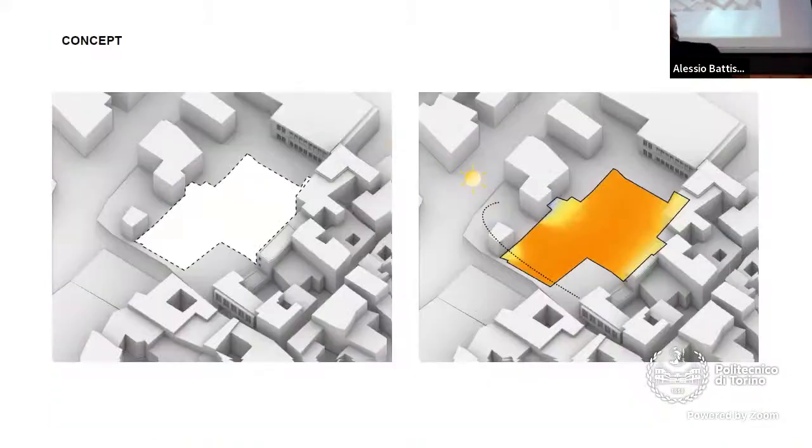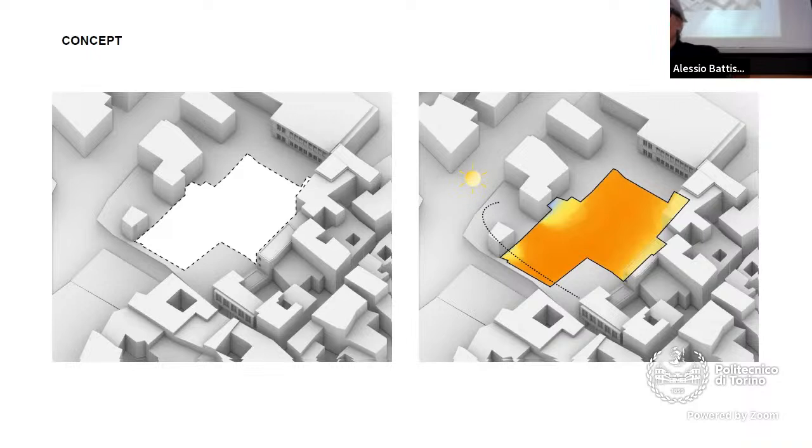You know, before, we accumulate a lot of information, we elaborate it, and we start with our concept. The concept starts from the environment. So how is it exposed to the sun? It's quite hot in Mosul, as you can imagine.